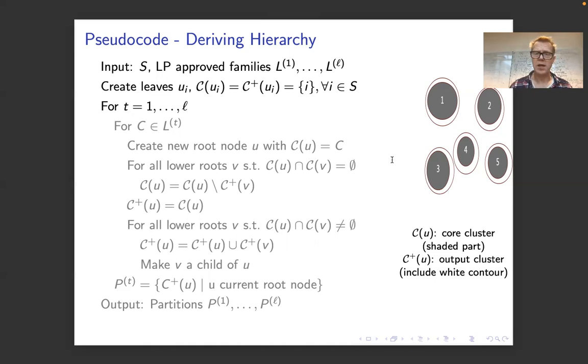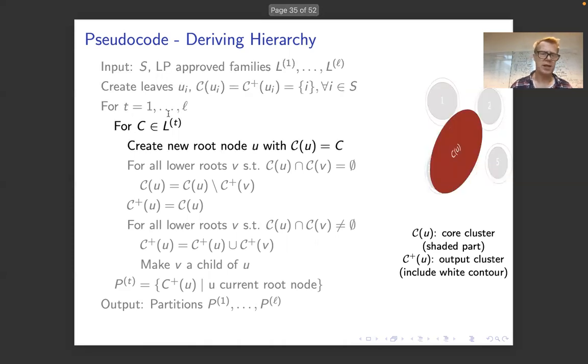The leaves just correspond to clusters. They're both output and core clusters at the same time. The interesting thing is what happens on the higher levels. So we go through the levels and we take out one of these LP approved clusters, and we create a root node U corresponding to it. And we start by saying that the core cluster is just equal to the cluster.